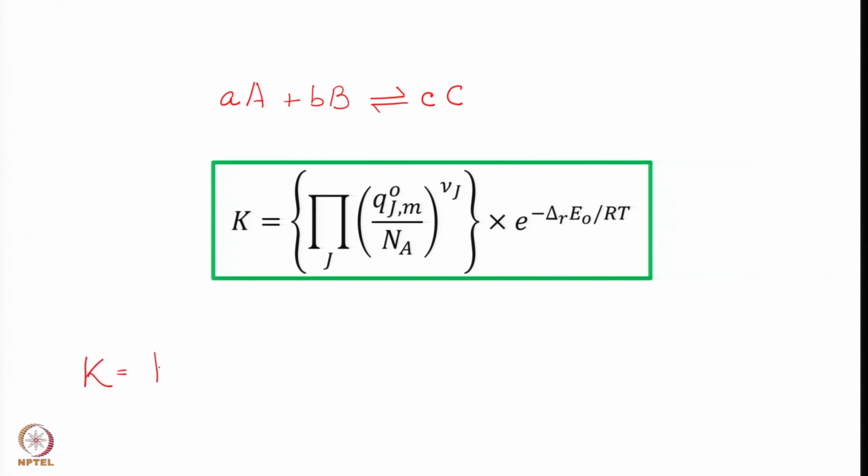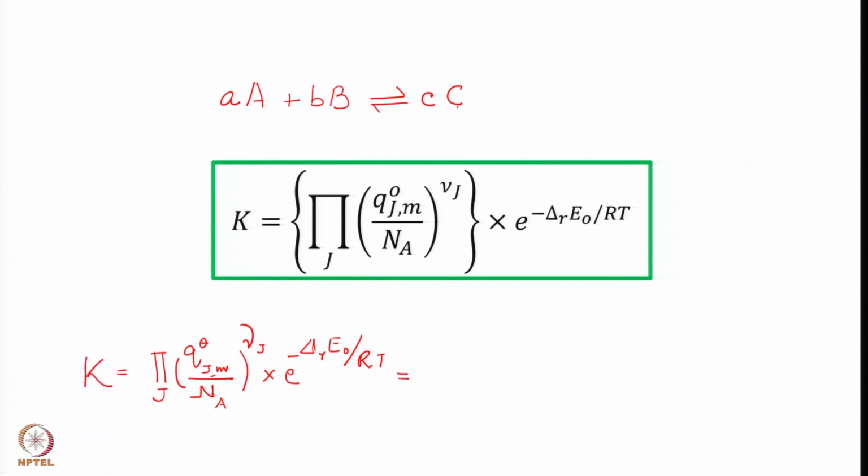K is the product over J of Q_J,m naught by N_A raised to the power nu_J, into exponential minus delta E naught by RT, which is the same expression that is written above. But now I will put a positive number for the products and a negative stoichiometric number for the reactants. So, how do we expand it?